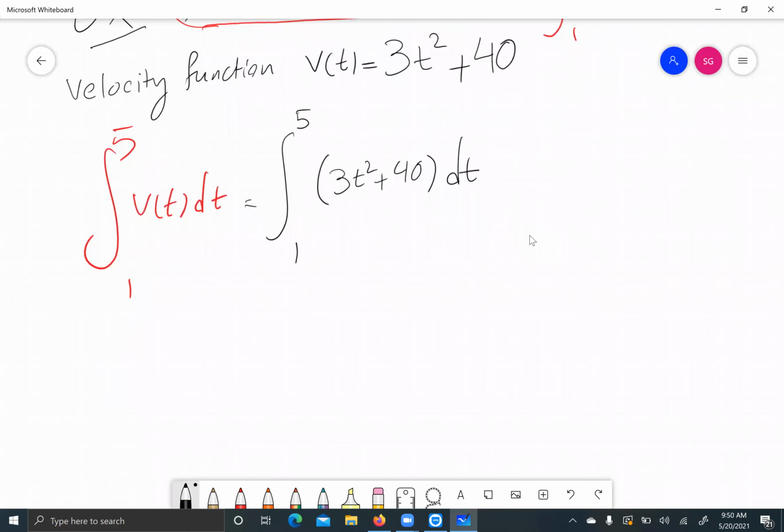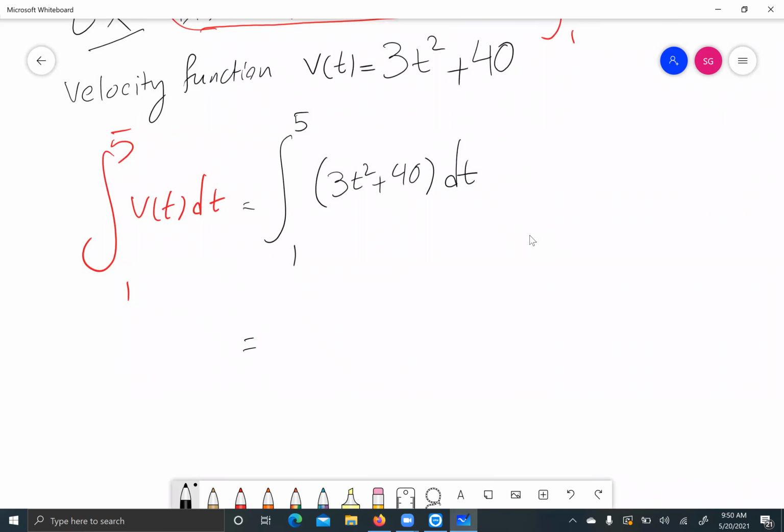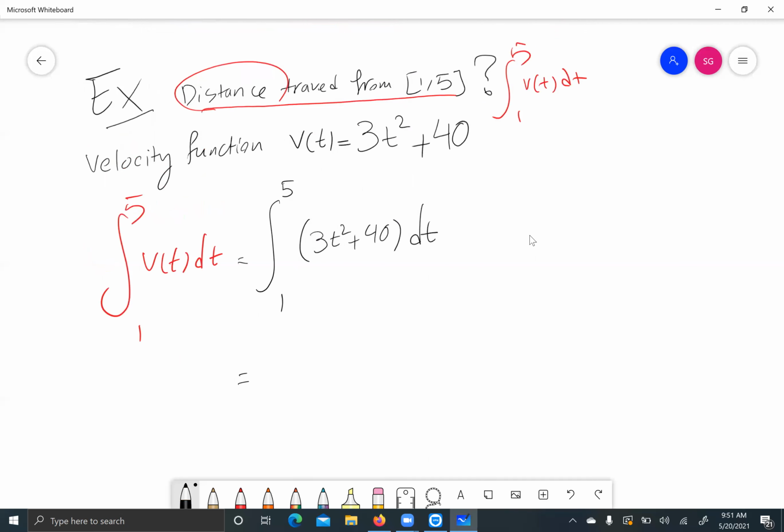So if I can find the antiderivative of this function, that is, if I can find the position function, then this is just s of 5 minus s of 1.